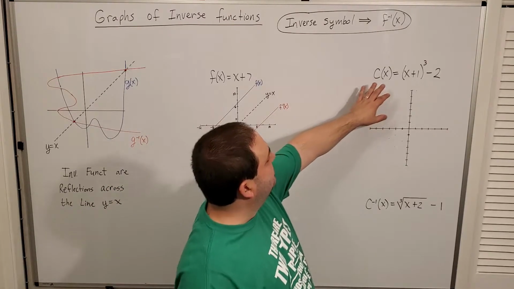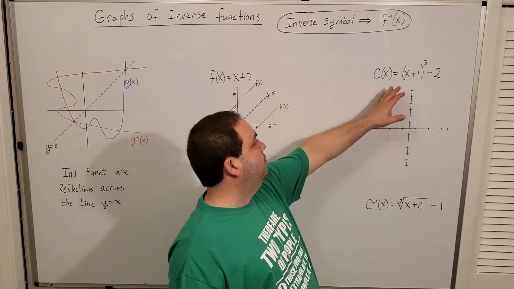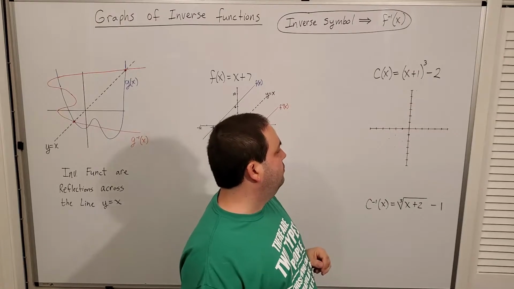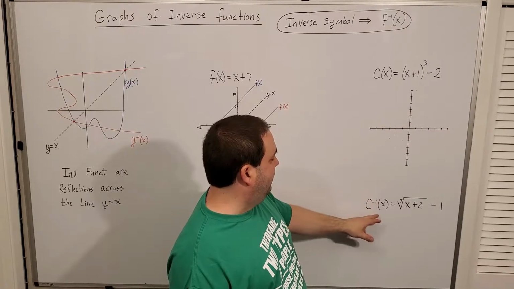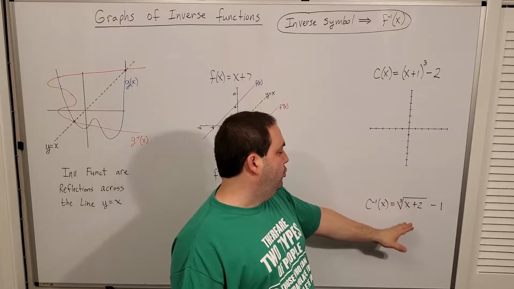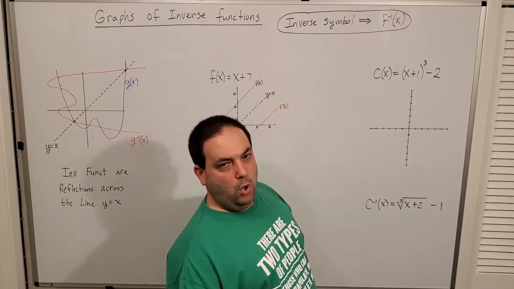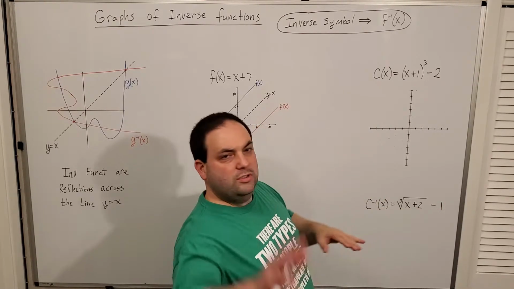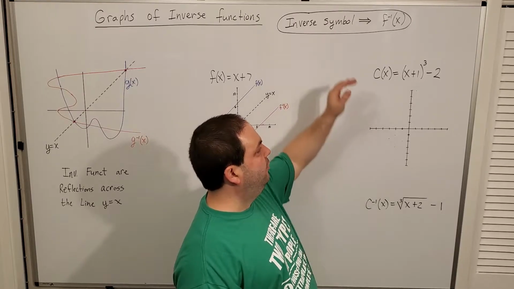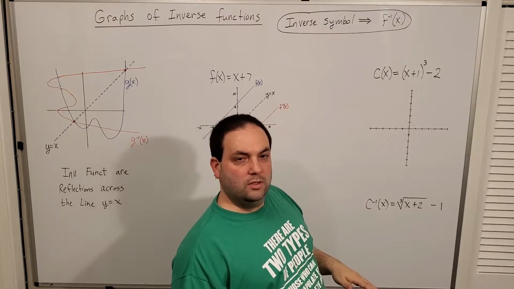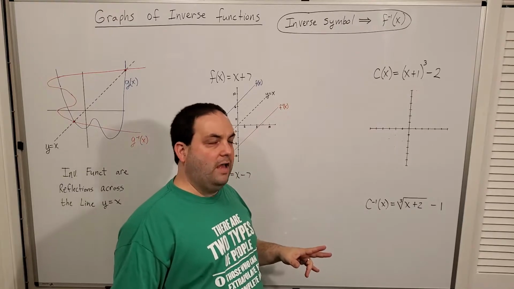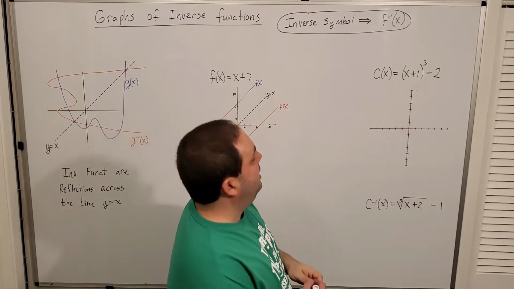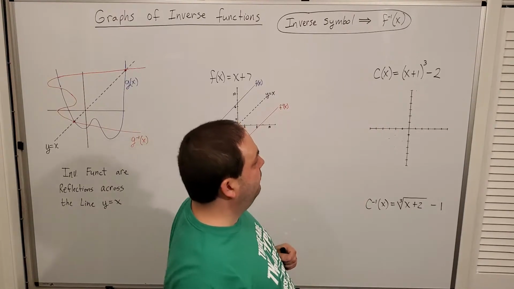Let's do another one. If I have the function c of x is equal to (x plus 1) cubed minus 2, its inverse, c inverse of x, is the cube root of (x plus 2) minus 1. Okay? We'll go into it later how you can actually figure that out, how to go from here to here with the symbols. For now, focus on the graphs. On here, remember we talked about transformations.